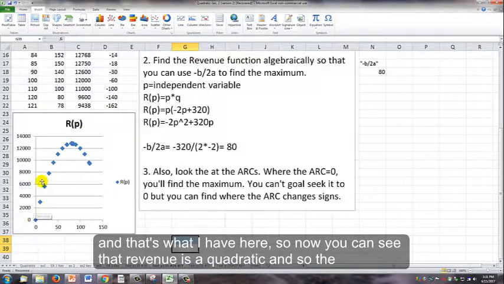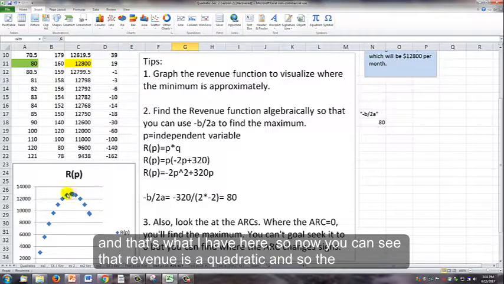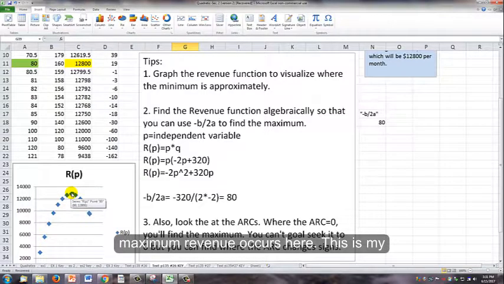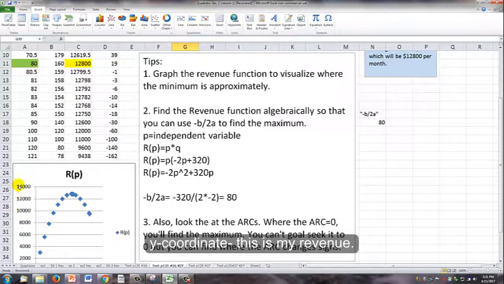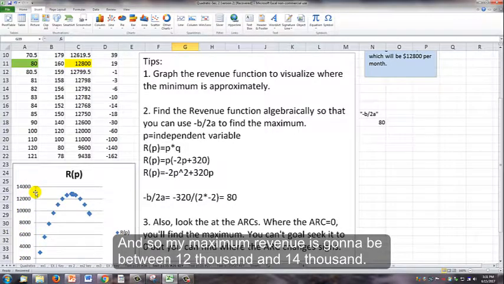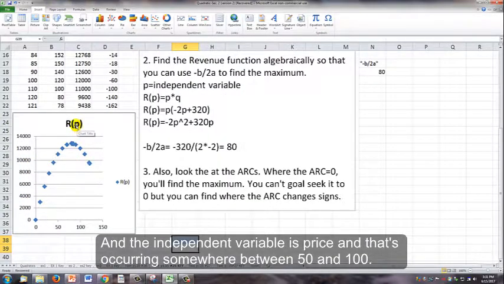So now you can see that revenue is a quadratic, and so the maximum revenue occurs here. This is my y coordinate, this is my revenue, and so my maximum revenue is going to be between 12,000 and 14,000, and the independent variable is price, and that's occurring somewhere between 50 and 100.